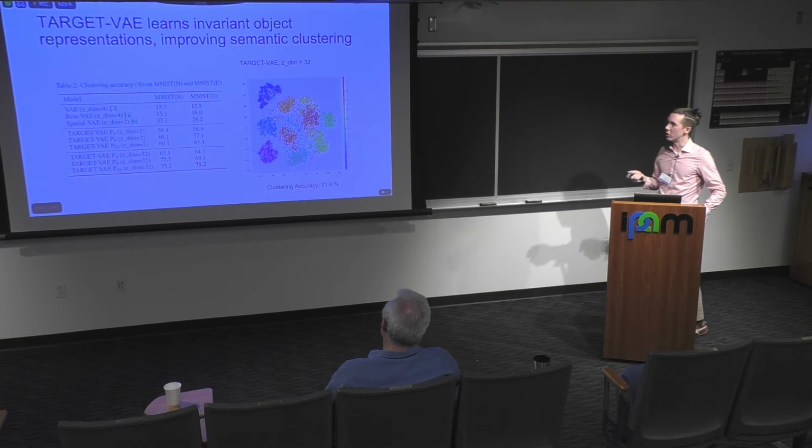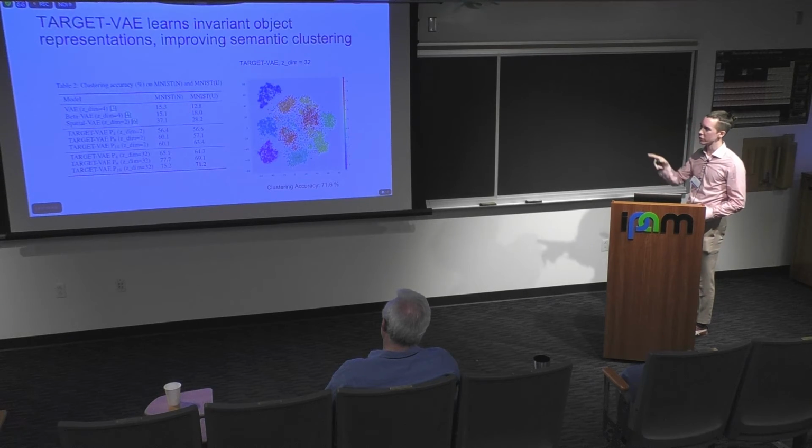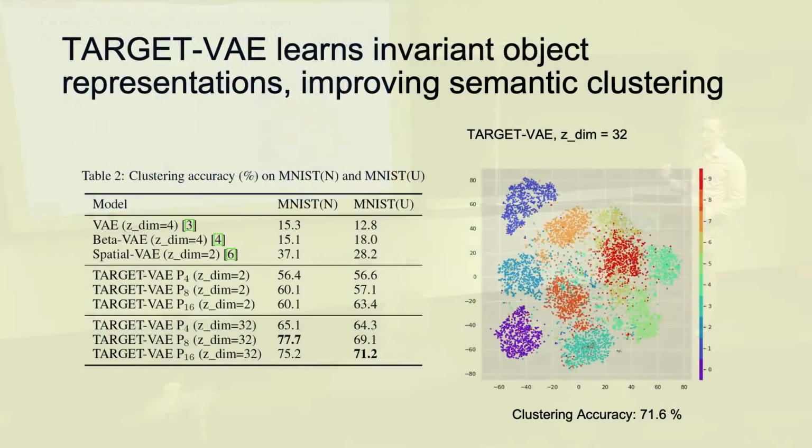So if we break this down and look at the effects of some of these hyperparameters we were just discussing. One question was, how much does it matter how finely we tile rotation space?